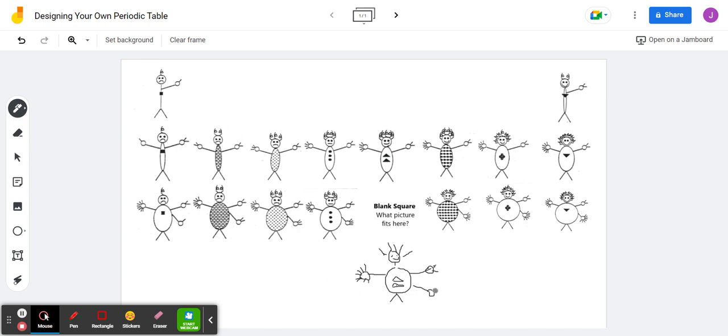And then the number of fingers on the arm to the lower right ought to match the sequence. So we've got 1 finger on that hand, 2, 3, 4, then the blank square. Well, what comes after 4? 5. So I'm going to draw 5 fingers on that arm. And then it would continue in sequence: 6 fingers, 7 fingers, 8 fingers. So our character for the blank square looks like this.